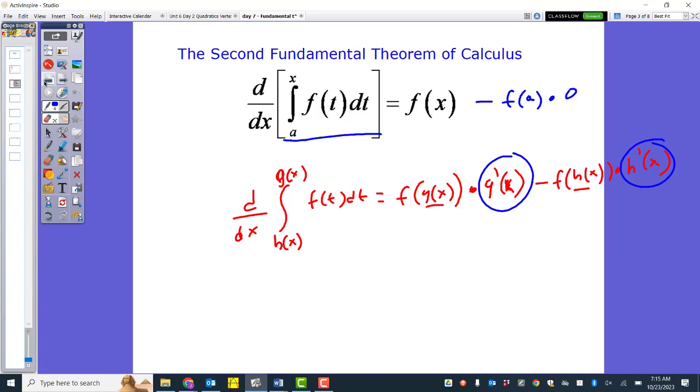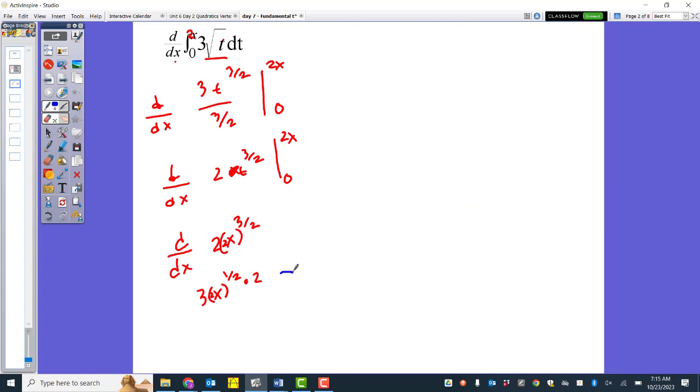In the one we just did, there's still a 3 times 0 to the 1 half, times the derivative of what we plugged in, which was 0. Because if this was a constant, let's say this was 1 or something, then you'd have a minus 2 times 1 to the 3 halves. You have a constant there, so when you take the derivative, it'd go to 0 anyway.